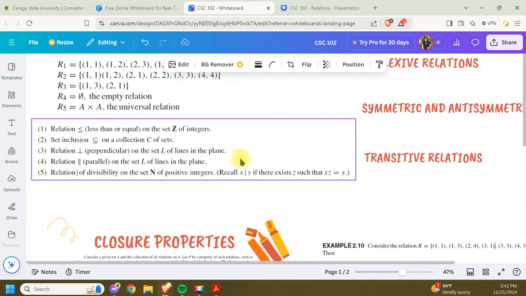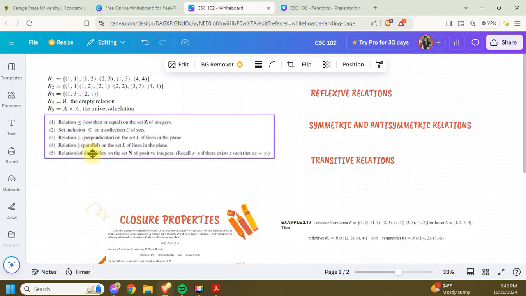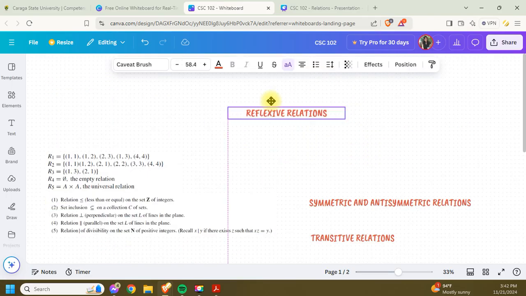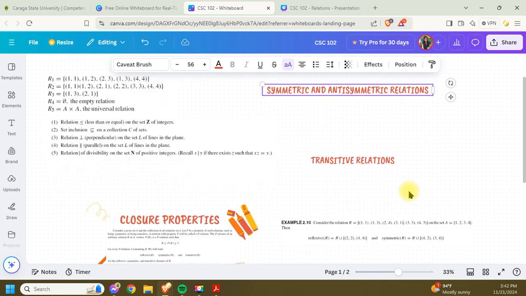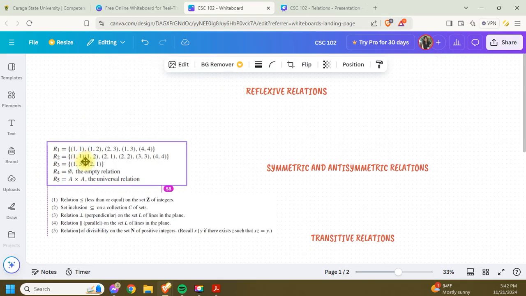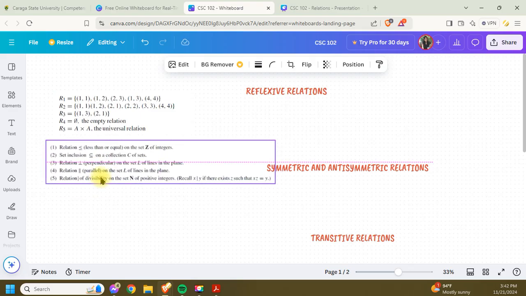So I'm using a whiteboard here so I can write. One reason is that I don't like OD because I don't know, there's no whiteboard here. So anyways, what is reflexive? Here are your examples, sample problems.